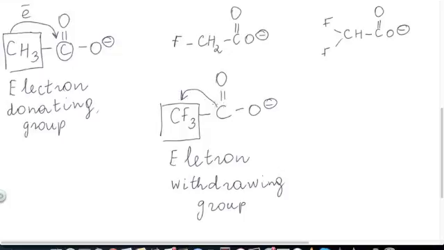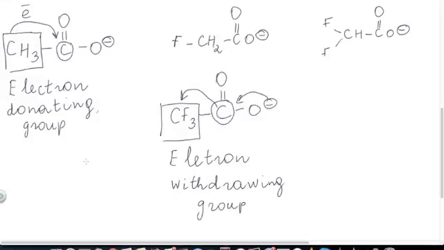The electrons are flowing that way. Because of that, this carbon in the circle now has a partially positive charge. So this negative charge on oxygen is attracted to this carbon, making this a stable bond. As a result, this anion is more stable than the one of acetic acid.